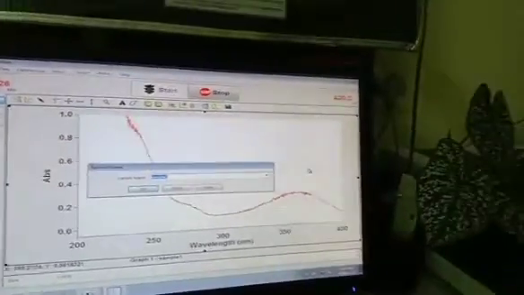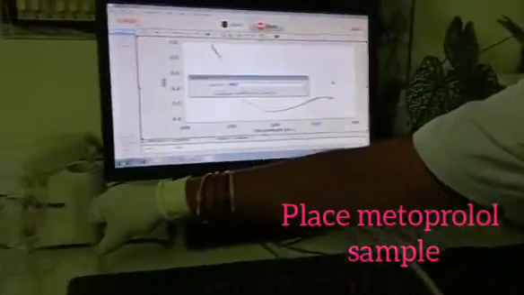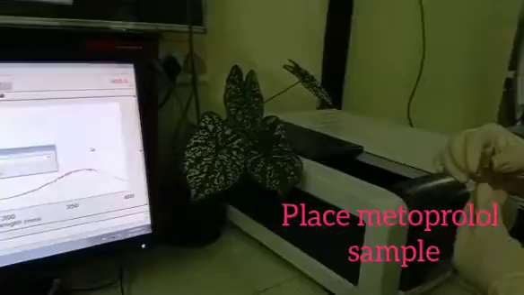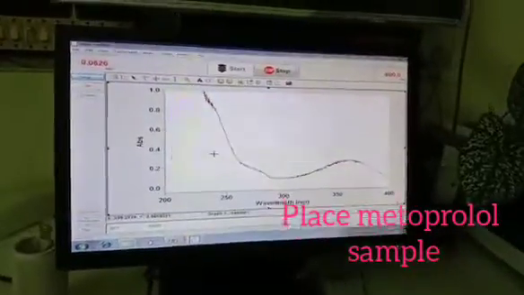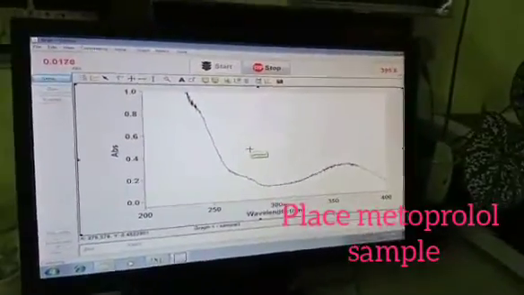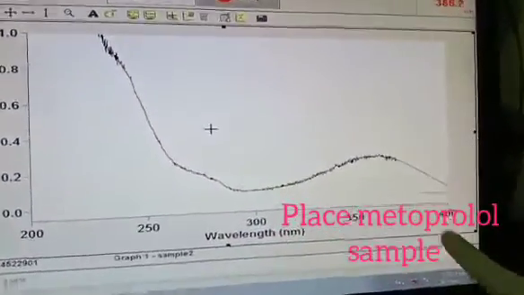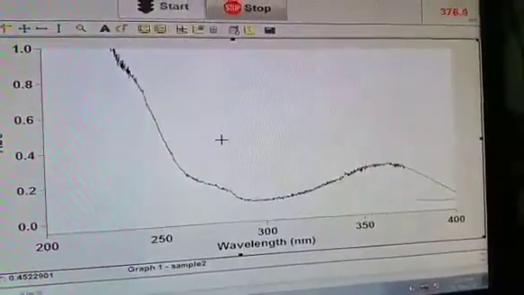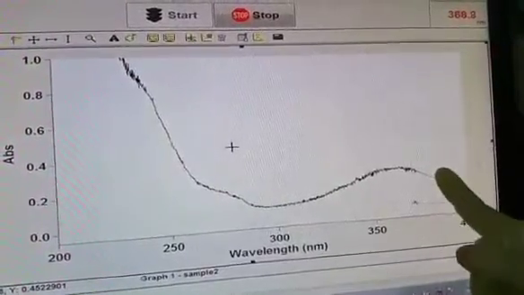Now I am placing the drug 2, that is metoprolol. I am clicking on OK. So dear students, now you are observing the drug 2 absorption isotherm. Now you can see the difference, as this is an overlay curve. Already we got curve 1 for the first drug.